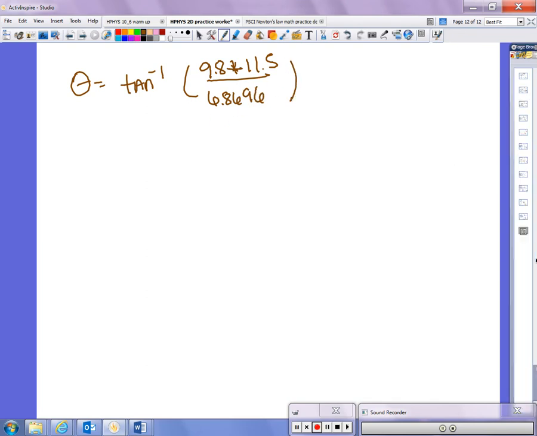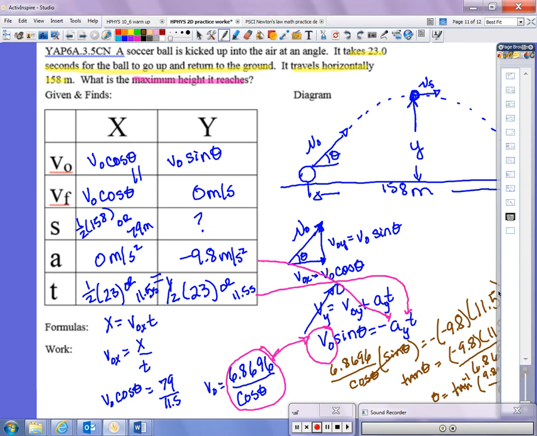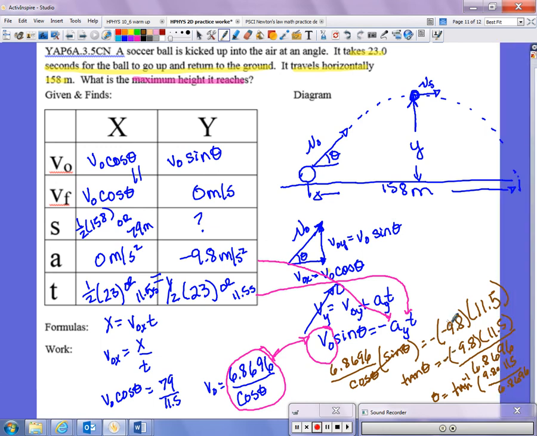Okay, let me double check again. Remember that I had a negative sign out here and a negative sign in here, which is why I dropped these signs. It's not really that I got rid of them, they canceled out. All right, we're good to go.